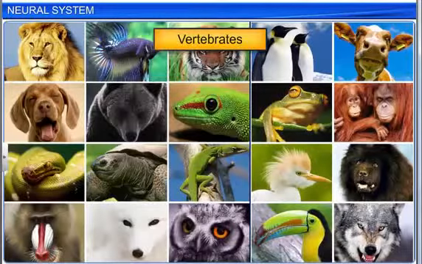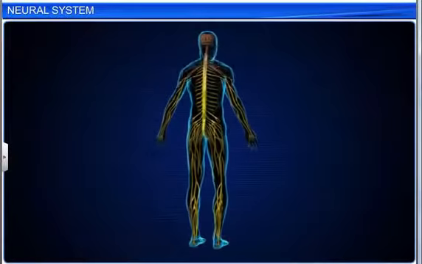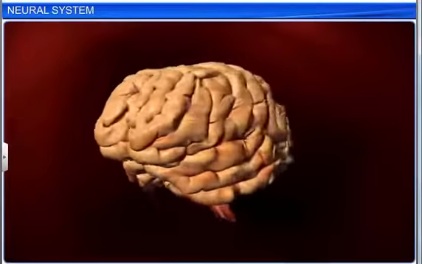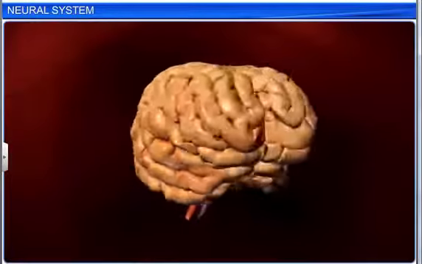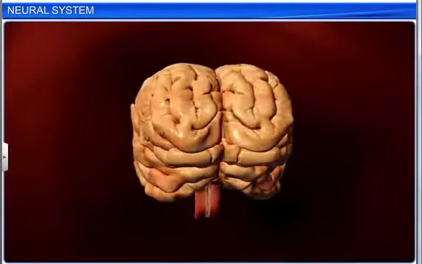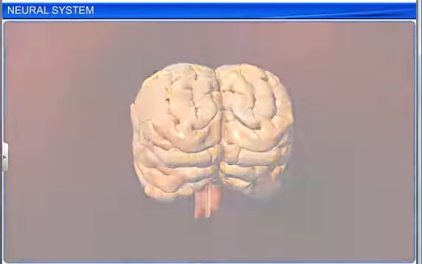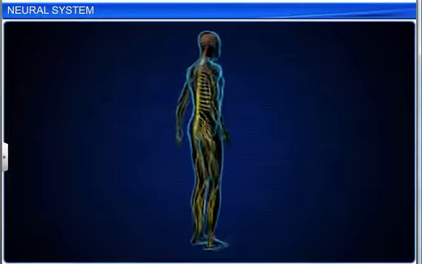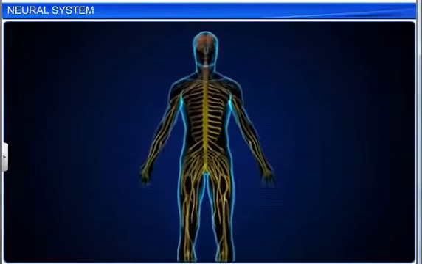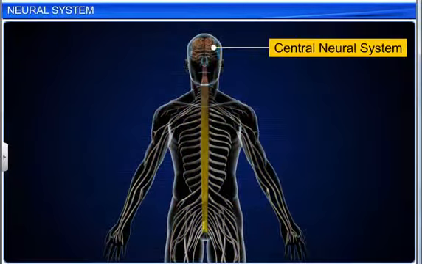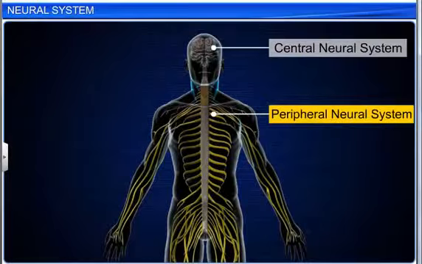All vertebrates have a well-developed neural system. However, the brain is the most complex and advanced in the primates, especially in human beings. Here, we'll discuss the human neural system in detail. The human neural system is divided into two parts: the central neural system, or CNS, and the peripheral neural system, or PNS.